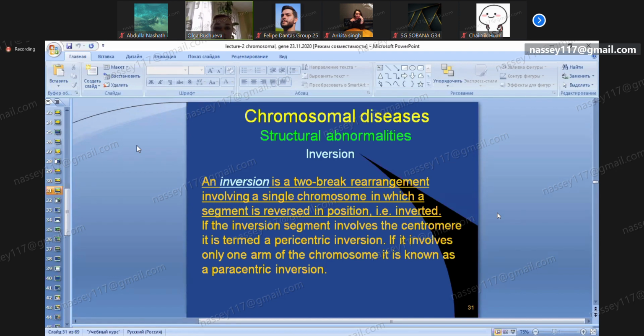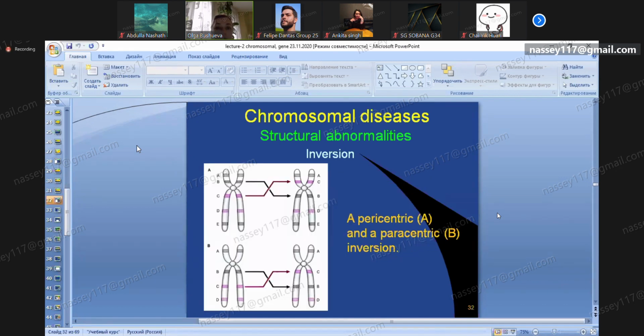If the inverted segment involves the centromere, it is termed a pericentric inversion. If it involves only one arm of the chromosome, it is known as a paracentric inversion. On this slide, you can see a pericentric and a paracentric inversion.